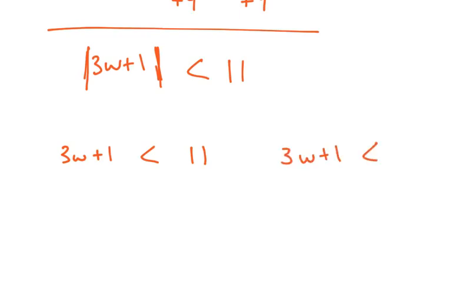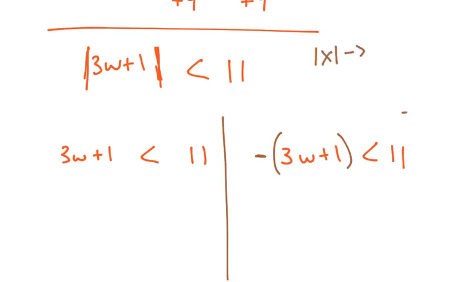The second case is the interesting one, because remember earlier from section 1.6, I said that technically speaking, absolute value is a piecewise function that is x when x is greater than or equal to 0, and negative x when x is less than 0.